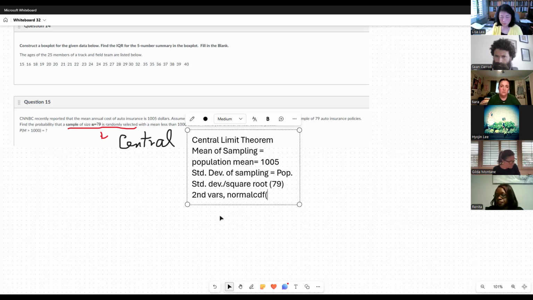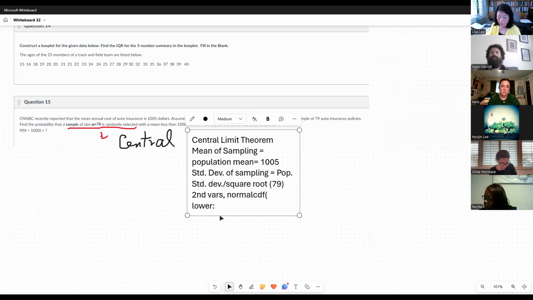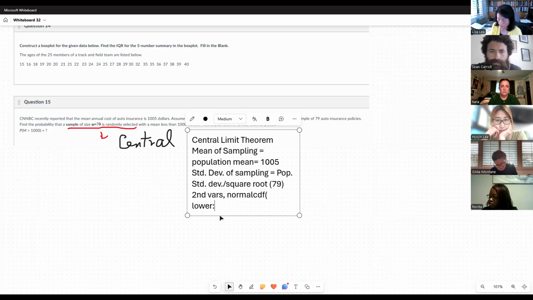After you select that one, you need to enter the data. My calculator is a TI-84, so it allows you to do it step by step. What's the lower bound? What's the upper bound? Sometimes they give you negative 1 times 10 to the 99 power for the lower bound, but if you don't have that, no worry. You can just type in a negative sign in front.